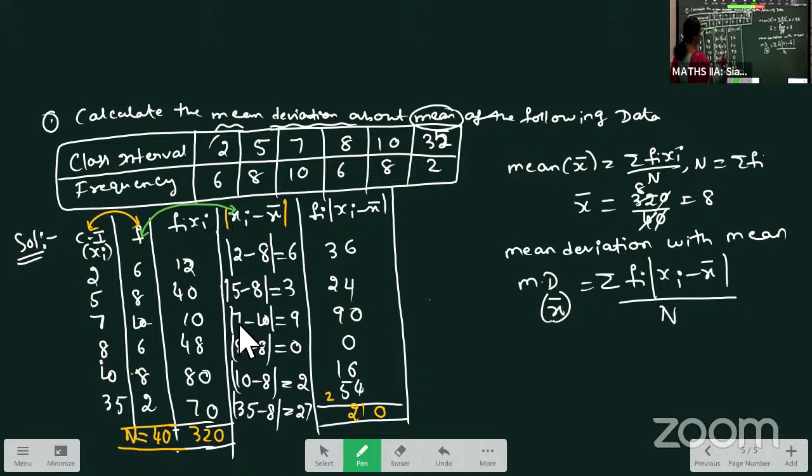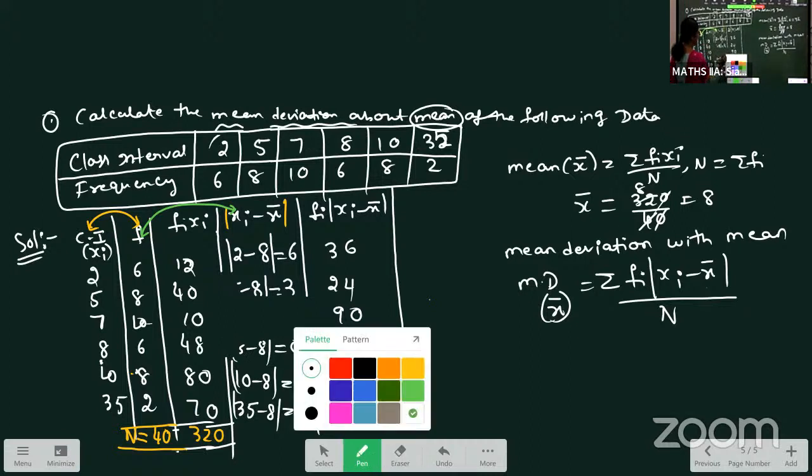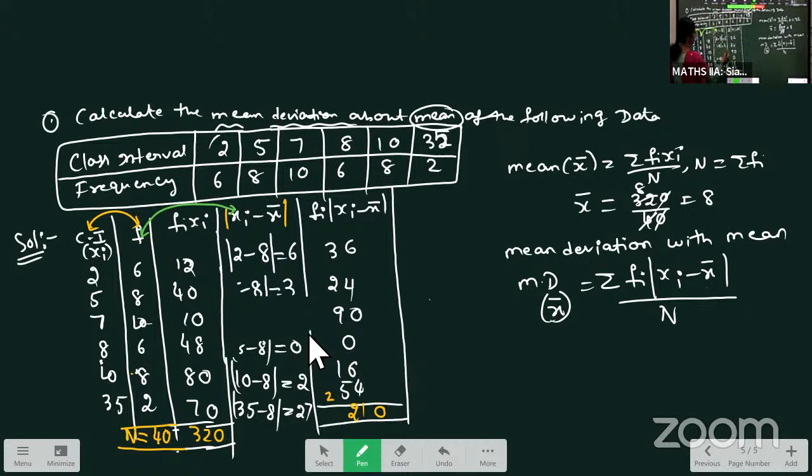Now finally add all of them. Simplify this, you will be getting the value. So here 1 into 10 will be 10.